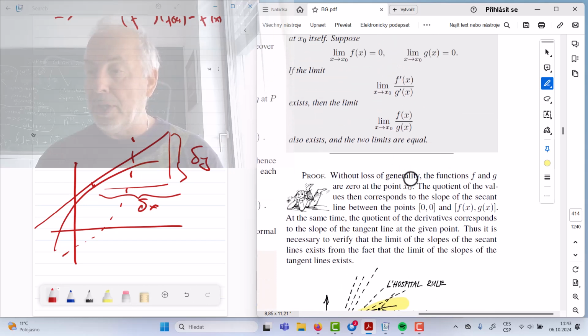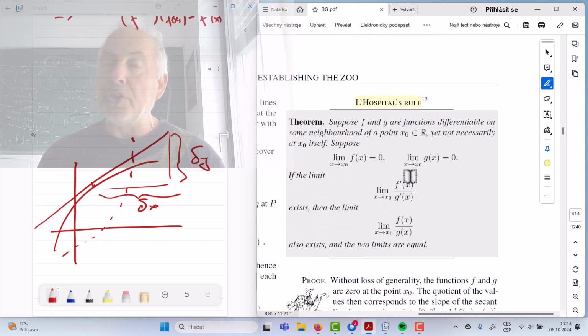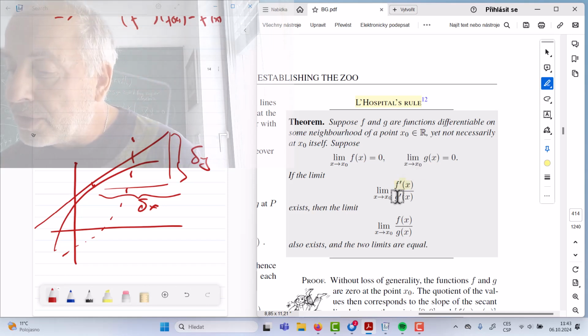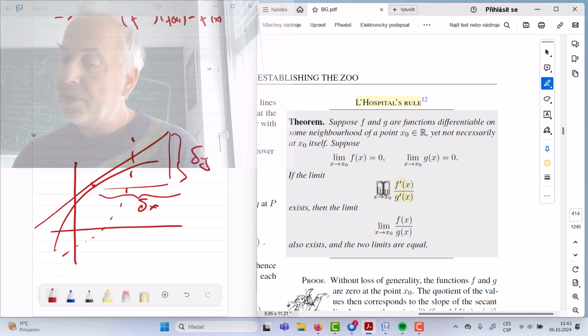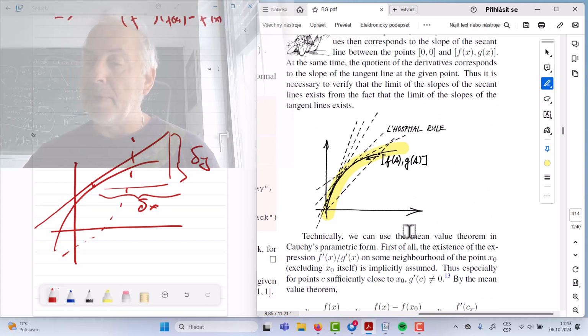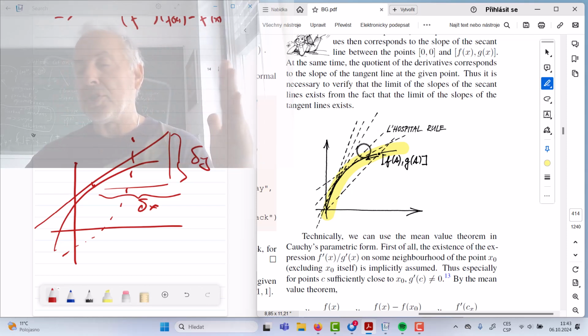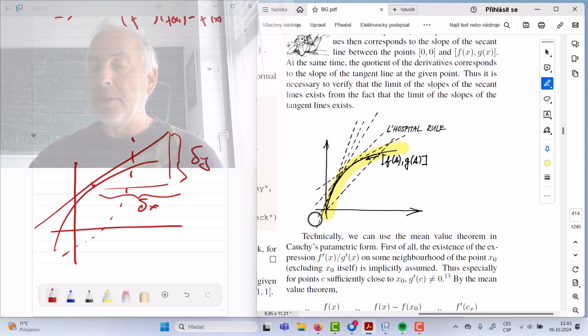So what is really a sufficient condition at least, right? And the sufficient condition is if the limit of the derivative exists, then also the limit of the values exists, which can be expected because the limit of the derivatives gives you sort of more detailed guess how the function behaves than the limit of the secants, right?